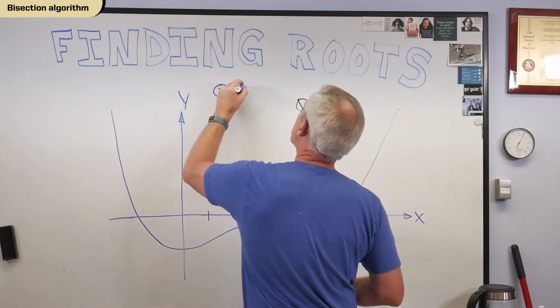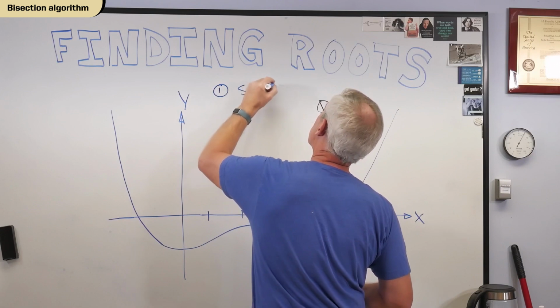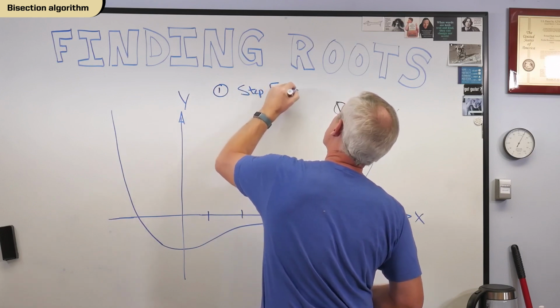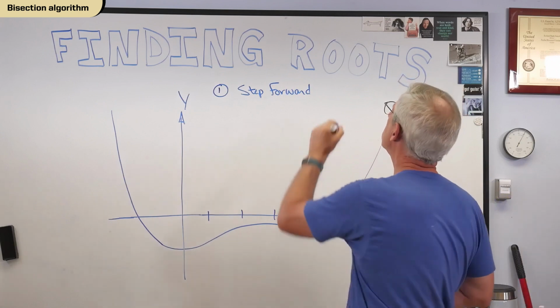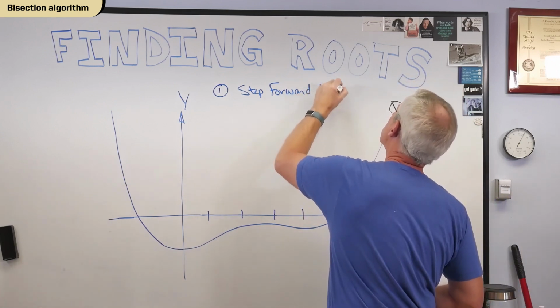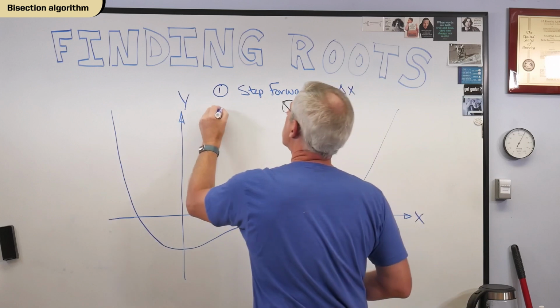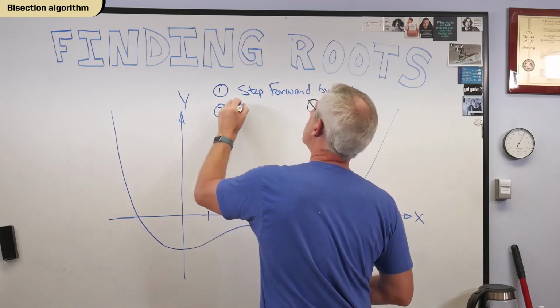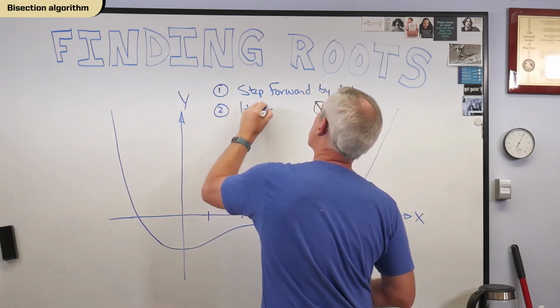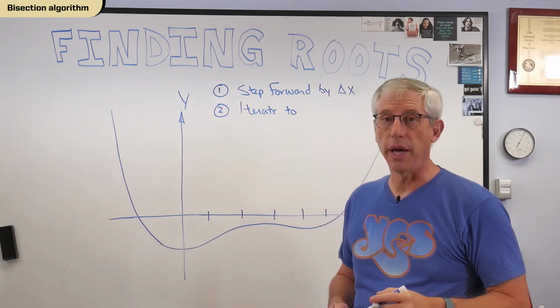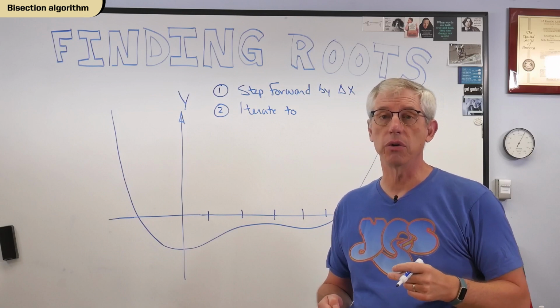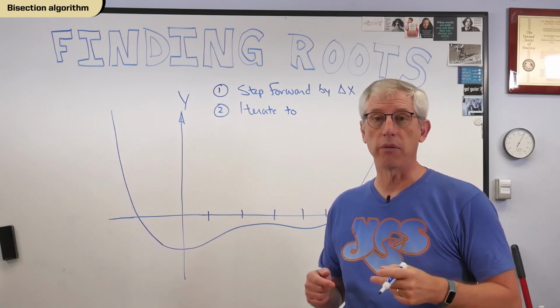Step 1, we're going to start stepping forward to find approximately where the root is. We're going to step forward in steps, and we'll just call those delta x. Step 2, we'll iterate to reduce delta x, and delta x is going to be reduced by a factor of 2 every time.